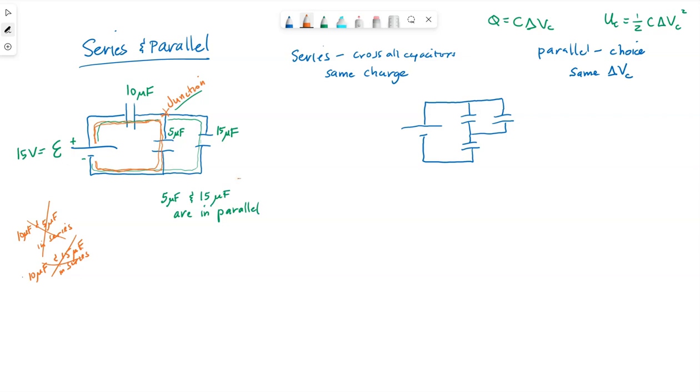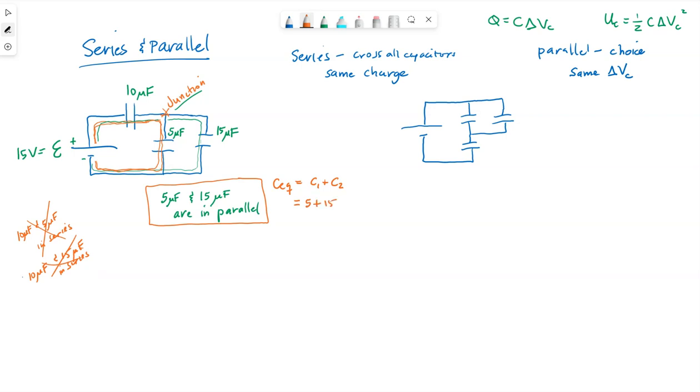So what we need to do is simplify our circuit and account for the 5 and the 15 in parallel. Now, to find an equivalent capacitance for capacitors in parallel, we simply add their capacitor values together.